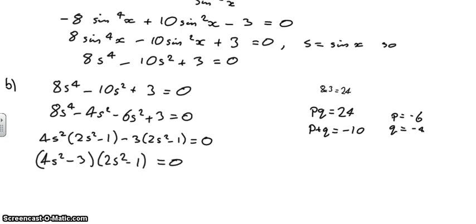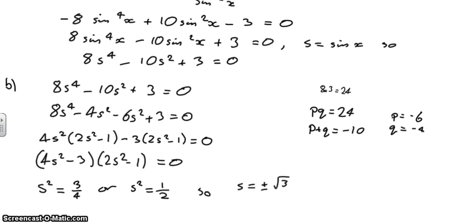That is IGCSE work, so if you're not sure about how to factorise all that, then you need to practice. So 4s squared minus 3 equals 0, so s squared is equal to 3/4, or 2s squared minus 1 equals 0, so s squared is equal to half.